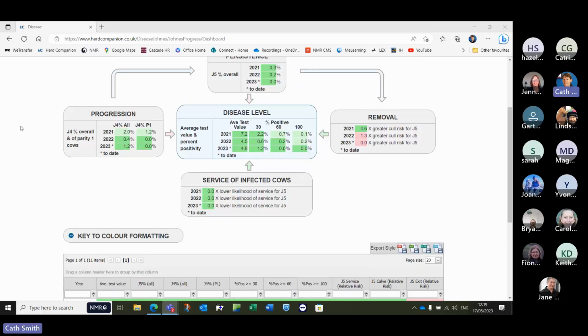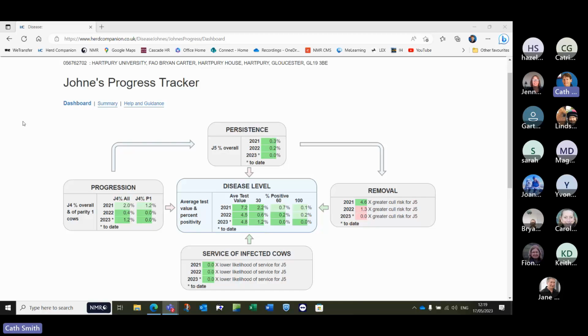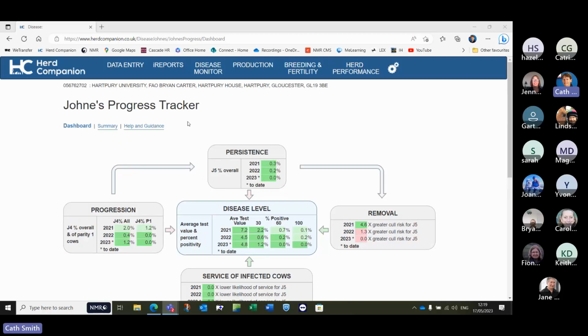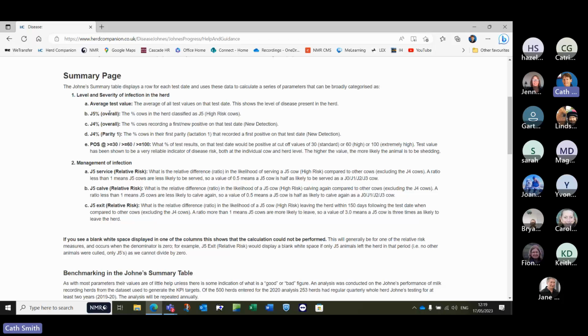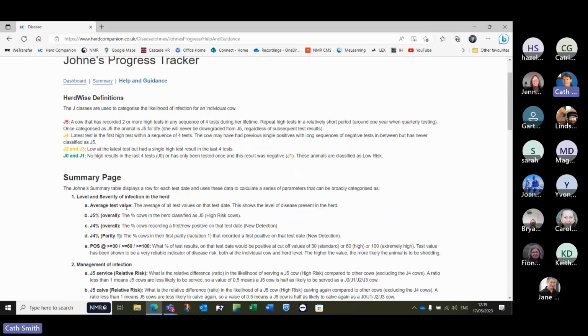So as I say, these types of graphs and progress tracker show how well you're doing. I see there's a question coming in. I shall just come to that in a second. But there's help and guidance here, so that'll explain all of these different parameters, what the red and green means, what exactly we are measuring on here, and the benchmarking.